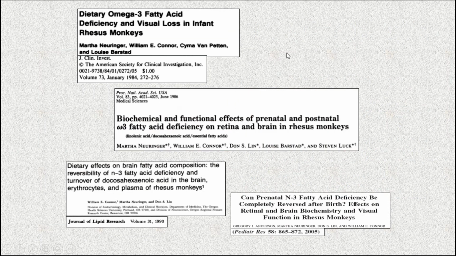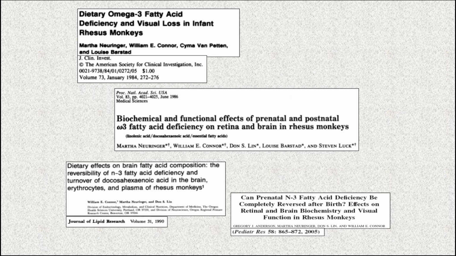There was a series of studies in the 1980s conducted by Bill Connor, the late Bill Connor, and Martha Neuringer was a major player on all this. Martha is still around. And these were dietary omega-3 deficiency studies that were conducted in infant rhesus monkeys. And they also were looking at visual function in these animals.